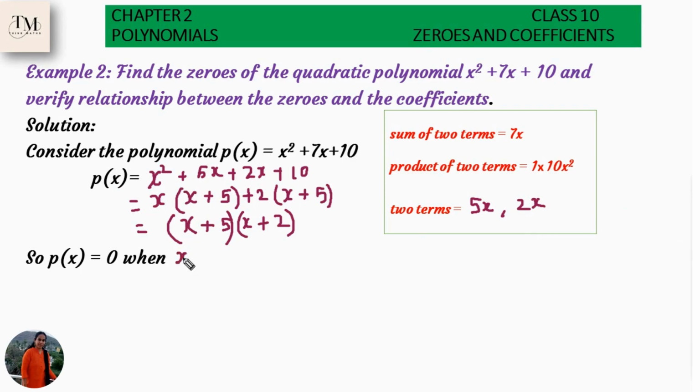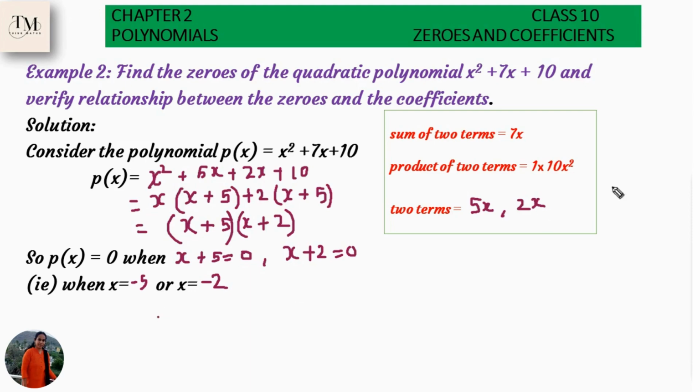So when x plus 5 is equal to 0, we get x is equal to minus 5, or when x plus 2 is equal to 0, this plus 2 will become minus 2 on the RHS. So x is equal to minus 2. So these are the zeros for the quadratic polynomial.